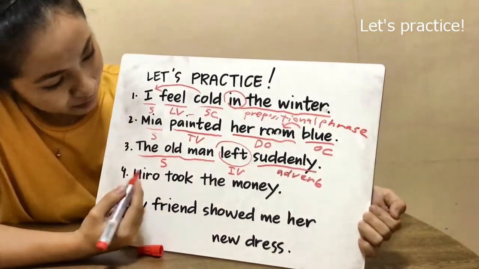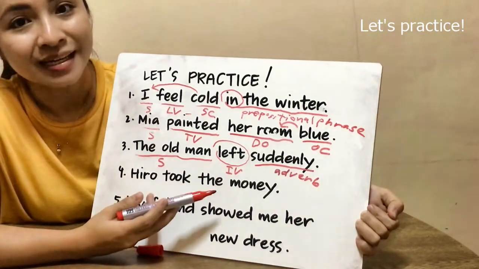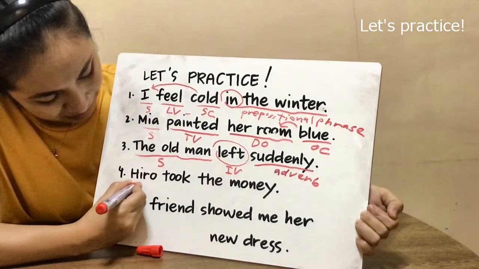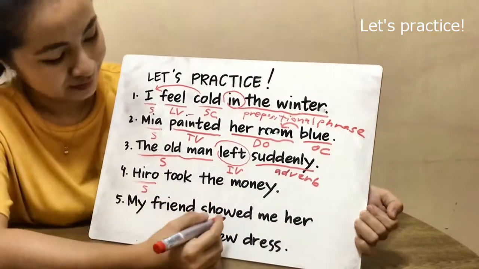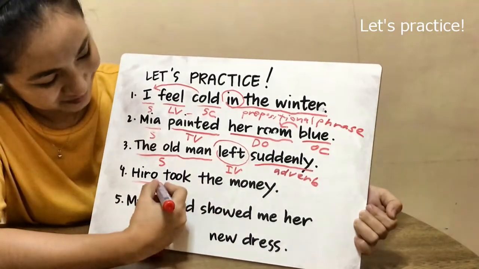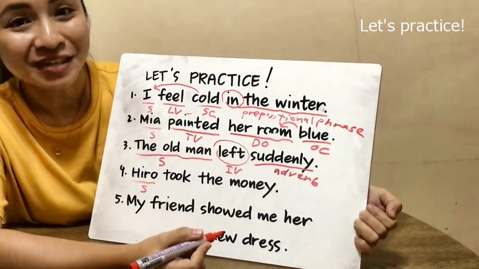Next, the fourth one, we have the sentence, Hero took the money. Oh, it's so easy. So let's try. Hero is your subject. So remember the question? He took what? The money.